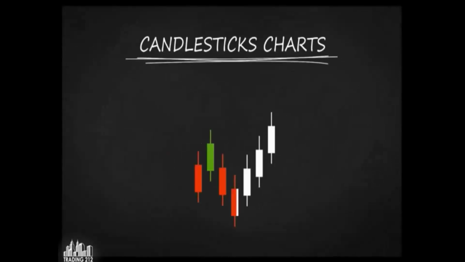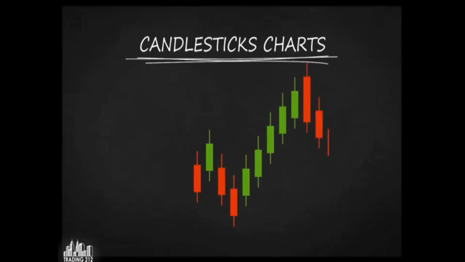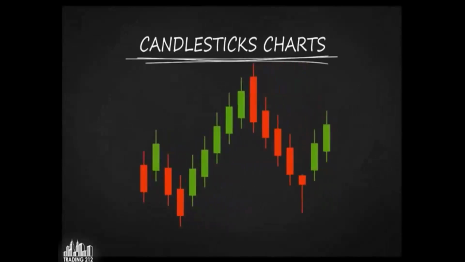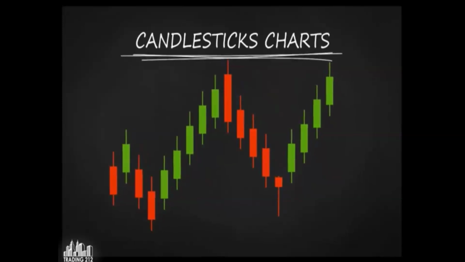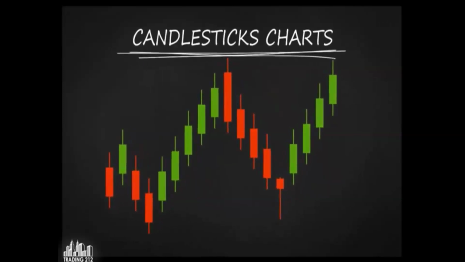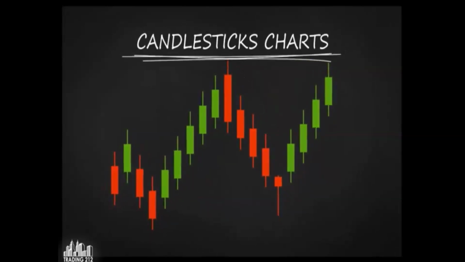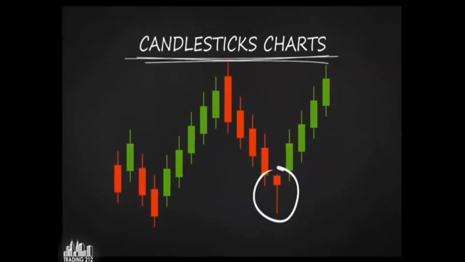Such a chart consists of red and green candlesticks, or candles, lined one after another. Each candle gives you detailed information about the price movement within a specified time interval. In fact, Japanese candlesticks are the best way to visualize the ups and downs of a price so that you can spot potential opportunities to buy or sell.